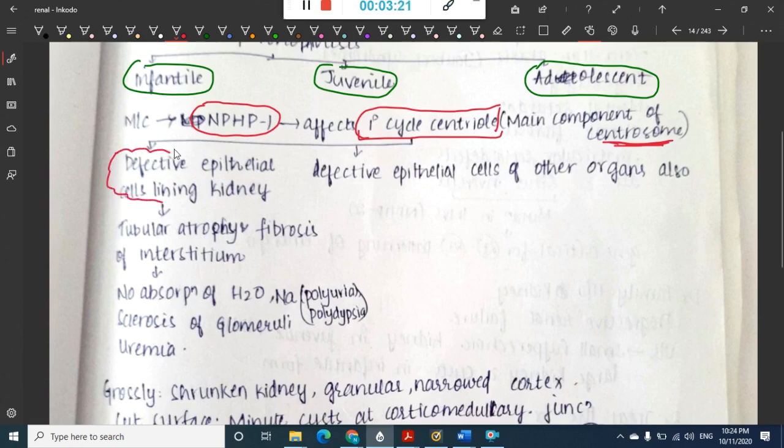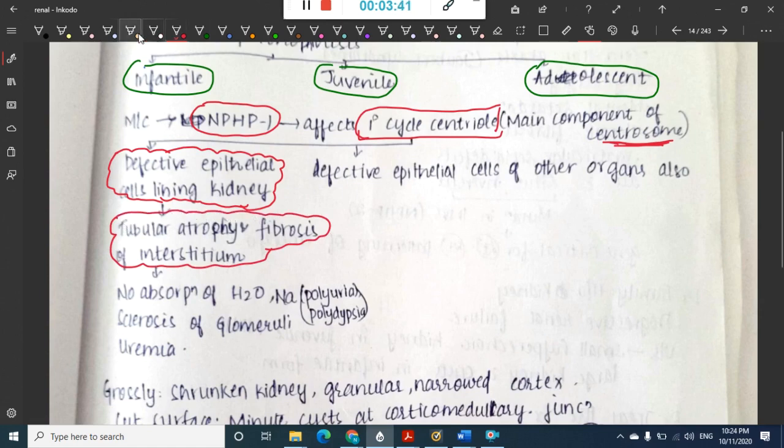Normally centrioles mainly help in cell division, right? But here, because of this problem in cell division and centriole, this causes defective epithelial cells in the kidney. So this will lead to tubular atrophy and fibrosis in the interstitium.